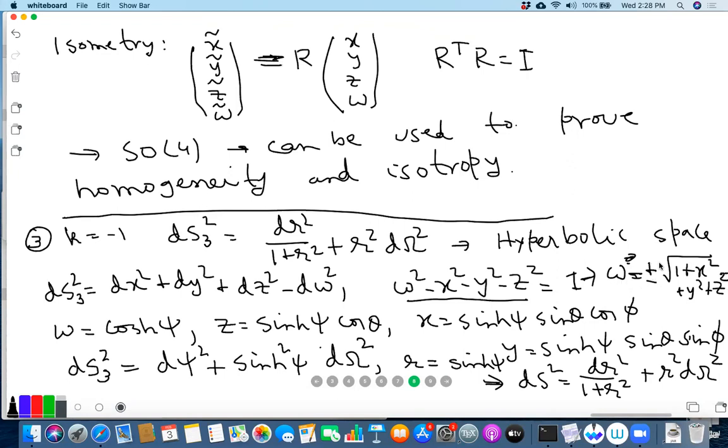You have to look at a connected component; you don't use both branches. Once you use that, it's clear that you can always find a Lorentz transformation that takes any vector of length 1 to any other vector of length 1.